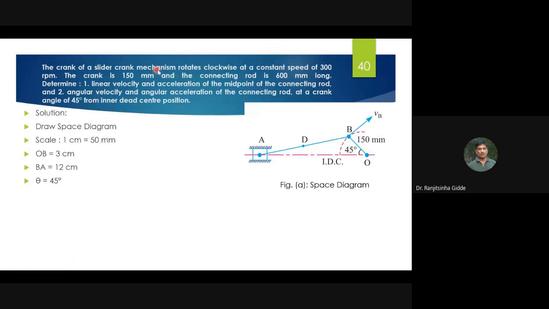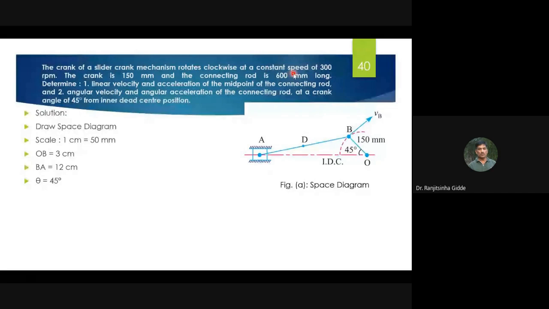The crank of the slider crank mechanism rotates clockwise at a constant speed of 300 rpm. The crank is 150 mm and the connecting rod is 600 mm long. So the largest dimension is for the connecting rod and it is 600 mm.